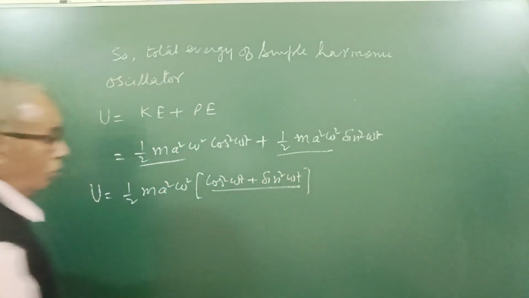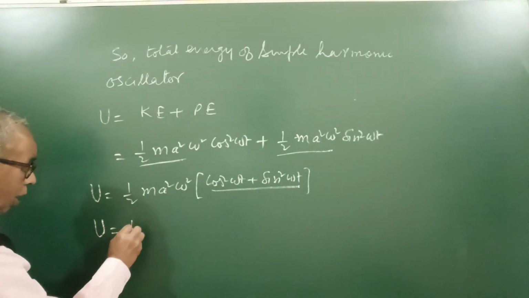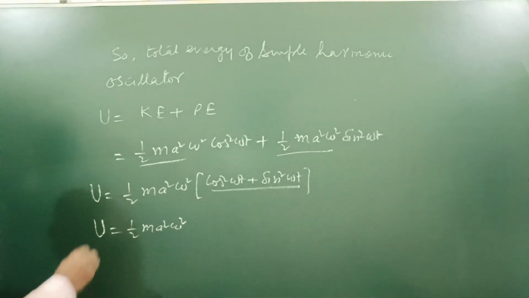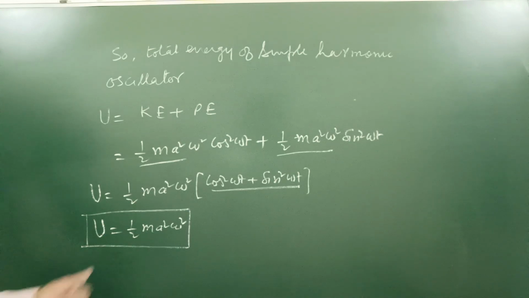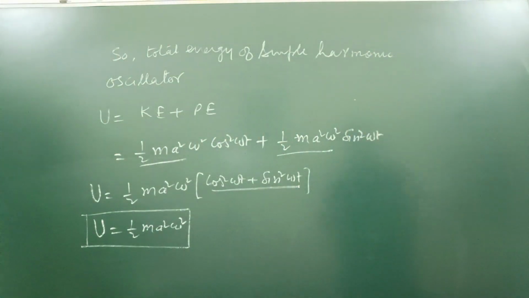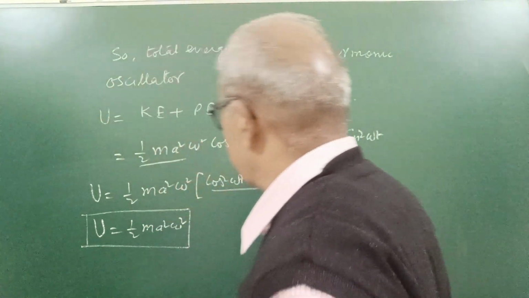This is one, you know very well. So U is equal to half m a square omega square. This is the total energy. You have got this expression as the maximum kinetic energy or the maximum potential energy, so the sum of kinetic and potential equals the maximum, they are equal.